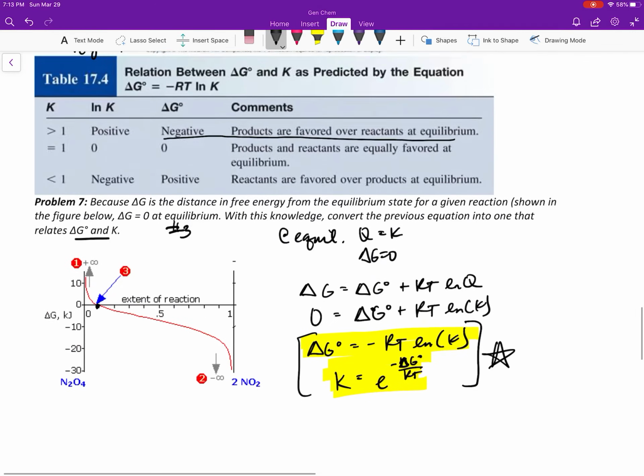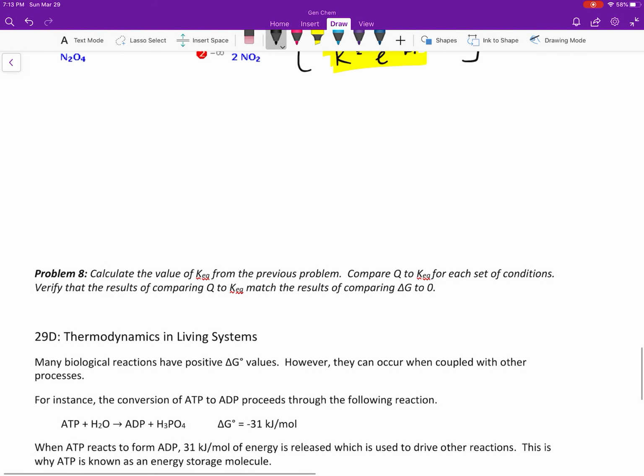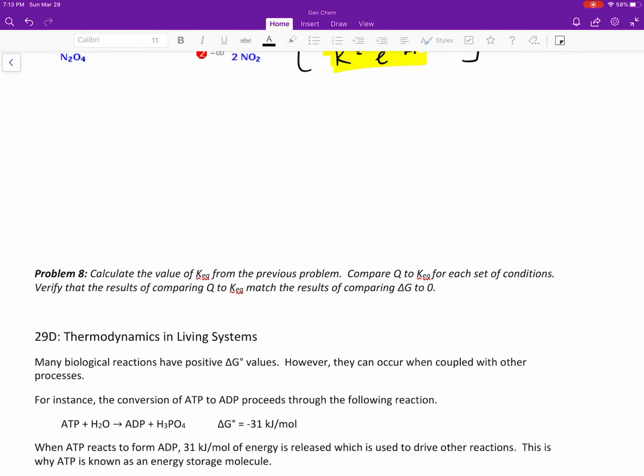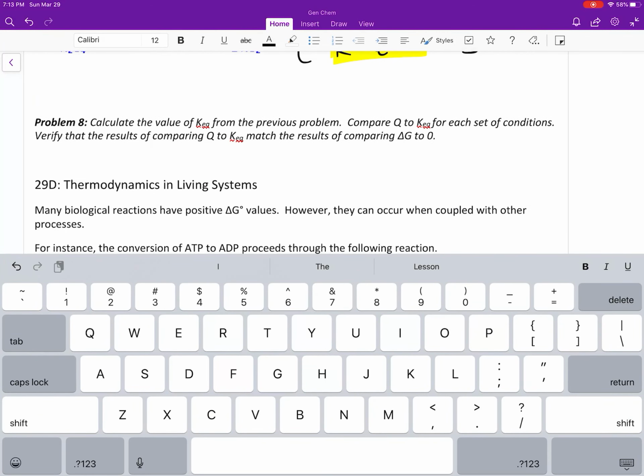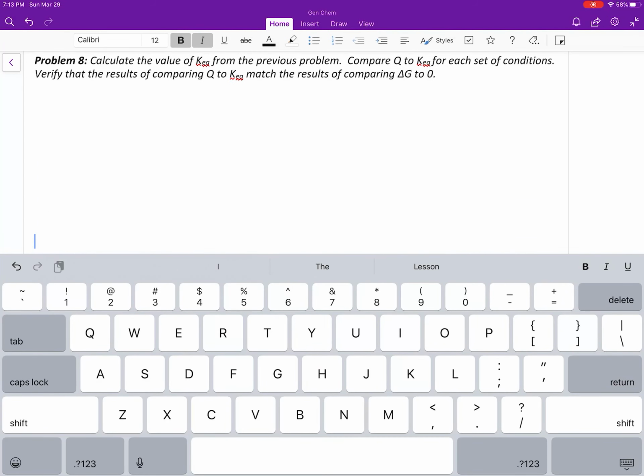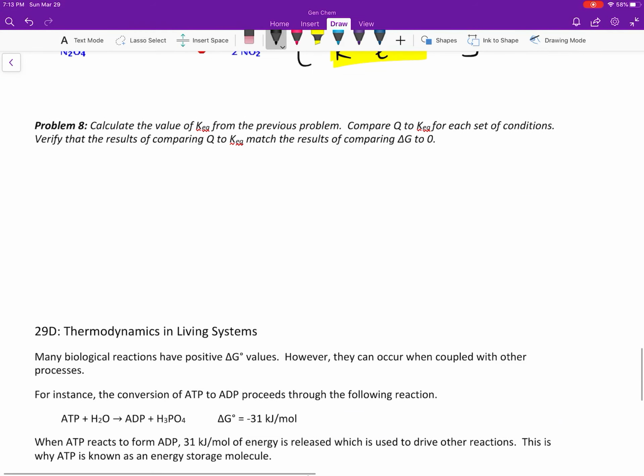All right, so let's look at the problem. Calculate the KEQ from the previous problem. Compare Q to KEQ for each set of conditions. Verify that the results of comparing Q to KEQ match the results of comparing delta G to 0.